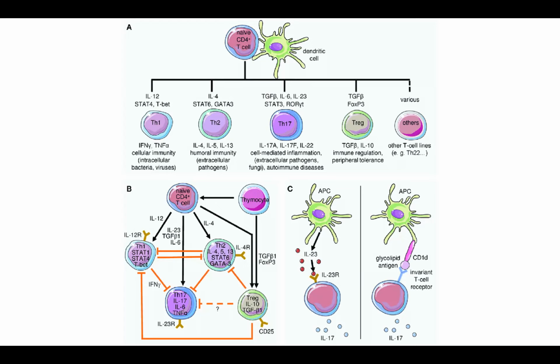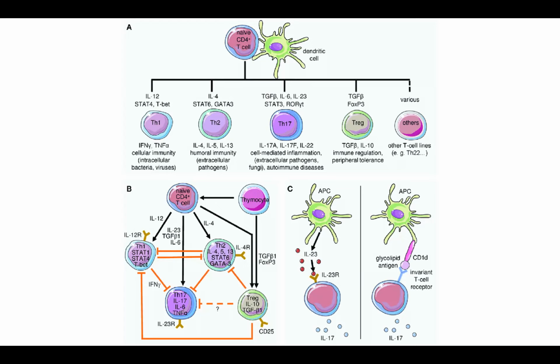Now, ones that have autoimmune diseases, their Treg can be not working correctly, and it can't suppress the Th1s, the Th2s, the Th17s. All right.